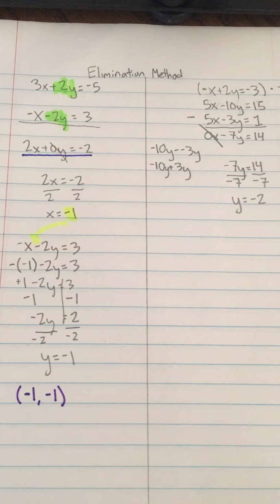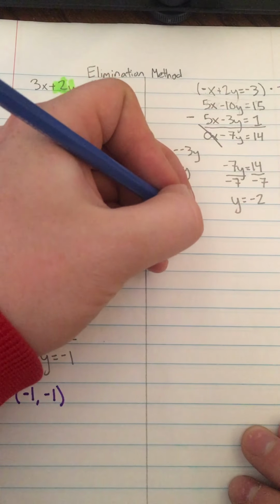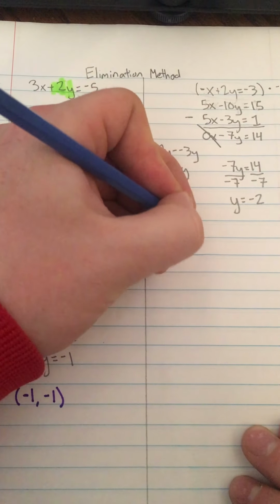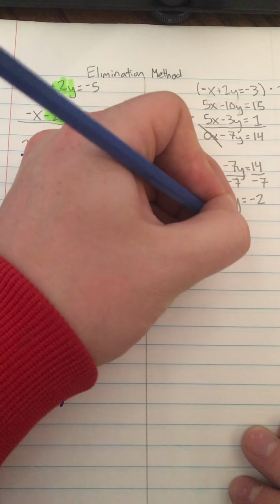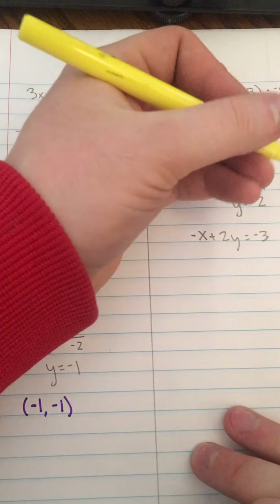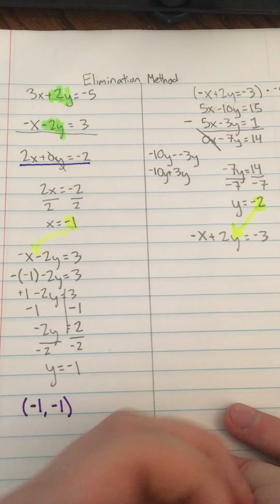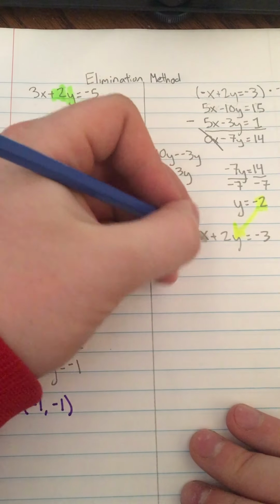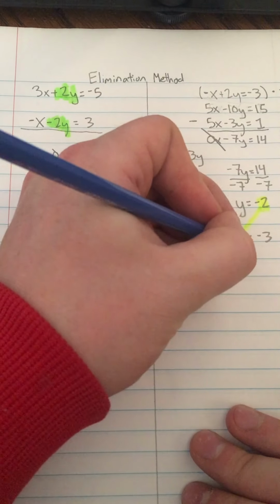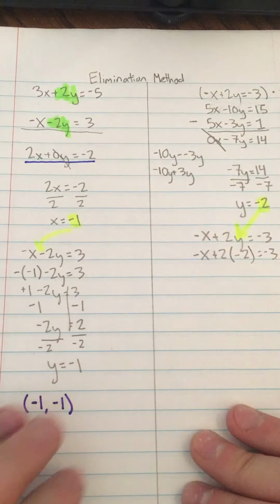Now I can use any of these equations, and I'm going to choose to use this first original equation up there, mainly because it's the one with the least number of multipliers to y. So -x plus 2y equals -3. So I know that y is equal to -2. So -x plus 2, and in parentheses we want to preserve our signs, y is equal to -2, so plug that in, equals -3.